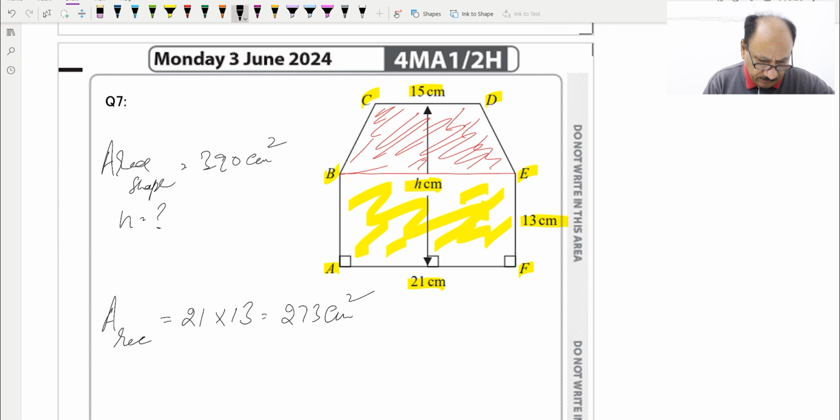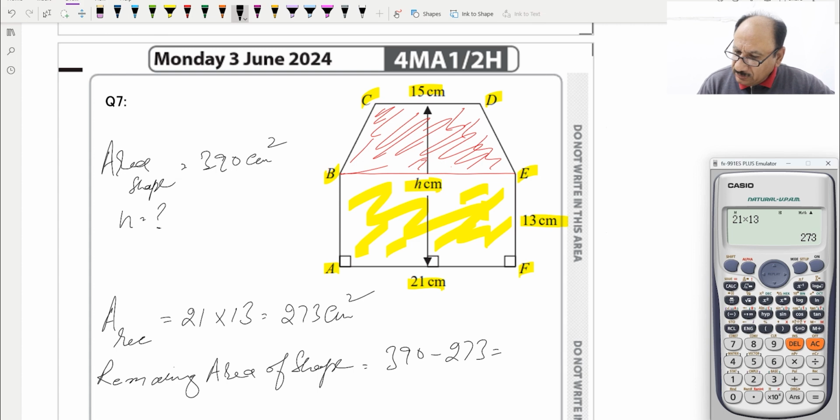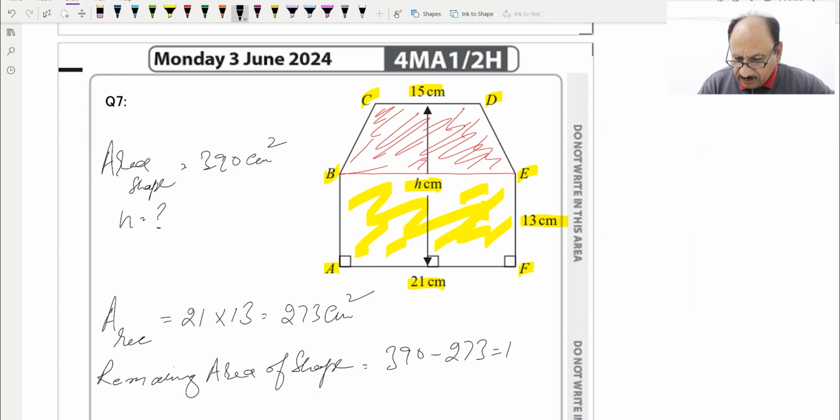Remaining area of shape will be equal to 390 minus 273, which is equal to 117 centimeters square. So 117 centimeters square is area of this trapezium.